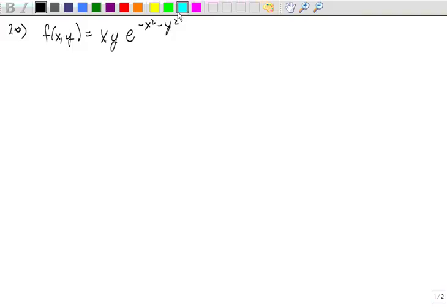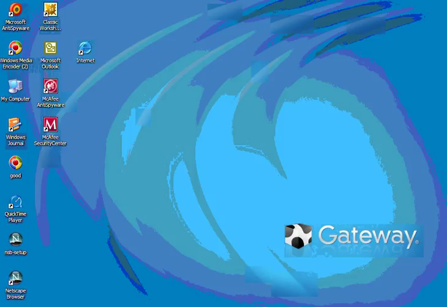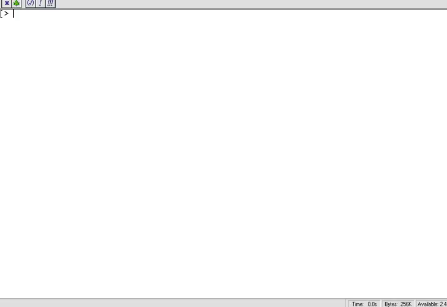And, okay, first I'm going to use Maple. And again, I need with plots. And I'm going to plot 3D. x times y times e to the exp.